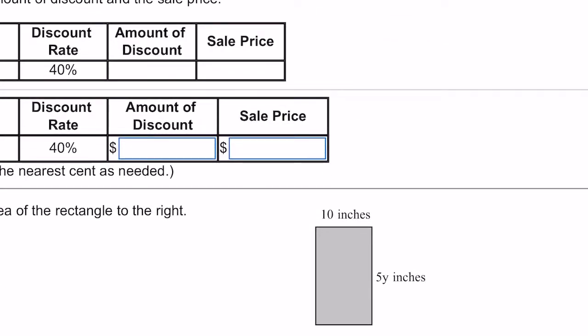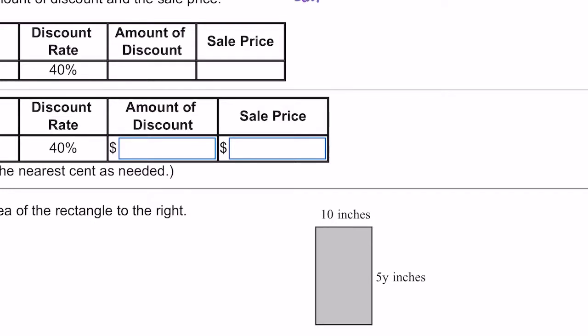Number 29, we have a discount problem. Discount and sales tax, you work them out the same way, except sales tax you always add on to the original price, whereas discount you take it away. Discount, you're saving money.